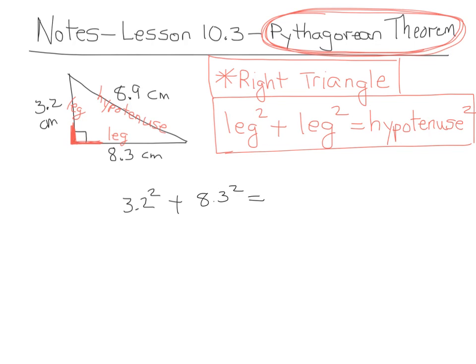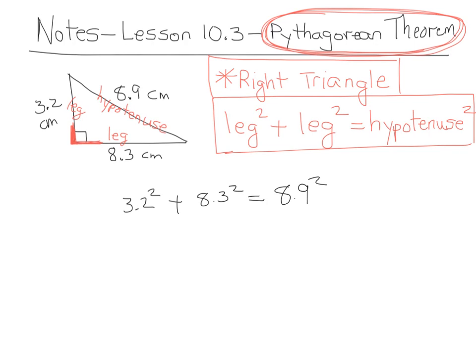It will equal the hypotenuse squared. And it does matter that you do the legs first and add those, and then the hypotenuse. Hypotenuse is opposite. It's across from the right angle. See how it's across from it? The legs make the right angle, and the hypotenuse is across. Alright, and the hypotenuse is 8.9 squared.